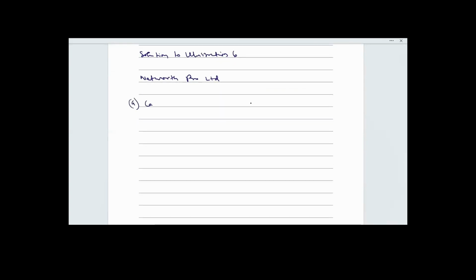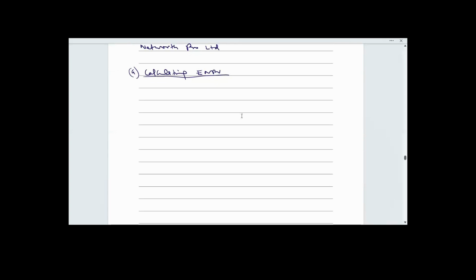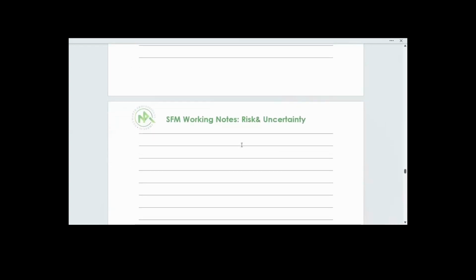Number A, calculating expected net present value. So I need to calculate expected revenue, then expected running cost. On this first page will be my solution. Then for simulation, let's see how many sets of numbers there are. There are 3 sets of numbers given to us, so I will calculate NPV for each set. Okay, I think this should be sufficient. Let's go to the 3rd page for workings.